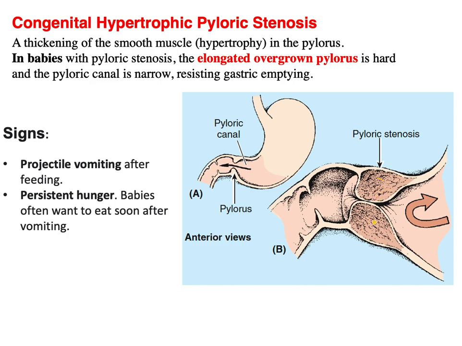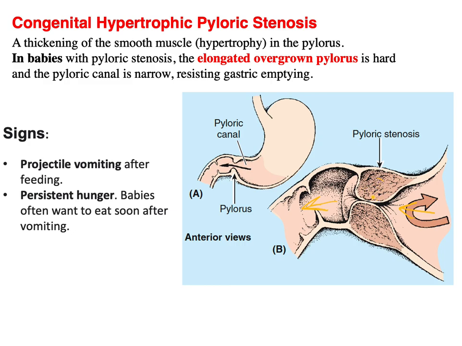In babies, it leads to pyloric stenosis, in which there is an elongated, overgrown pylorus, and it's hard. That means the stomach cannot empty its content into the duodenum. The content cannot pass through the pyloric orifice here because of the thickening of the smooth muscle there. So this is called congenital hypertrophic pyloric stenosis.